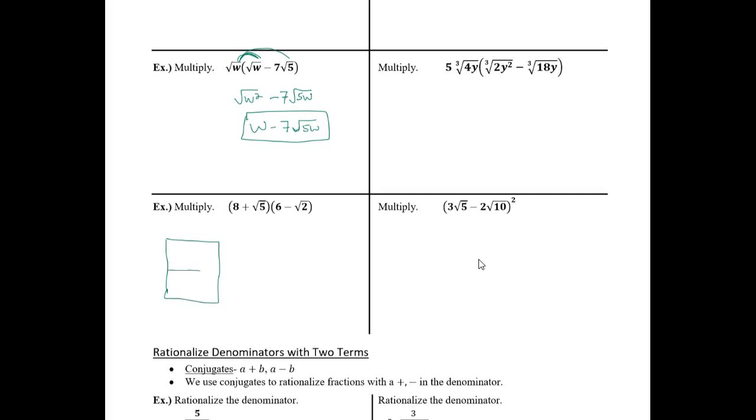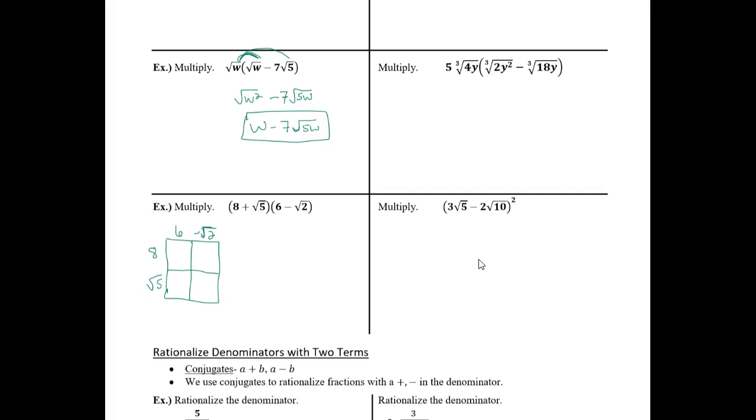Again, I'm a visual person, so I kind of like that box method. If there's an empty box, then I haven't multiplied something. So I'm writing 8 and positive square root of 5 on the left-hand side, and then 6 and a negative square root of 2 on the top. Doesn't matter which one's which.